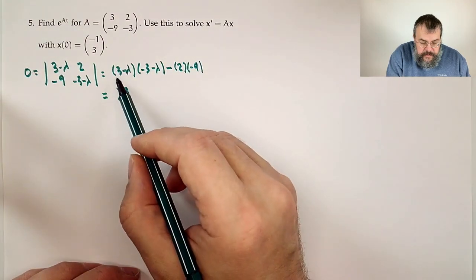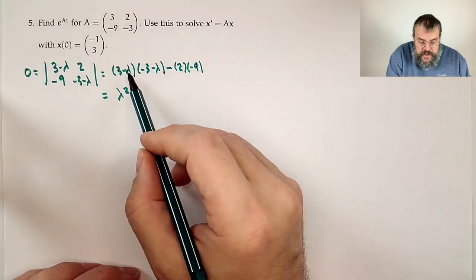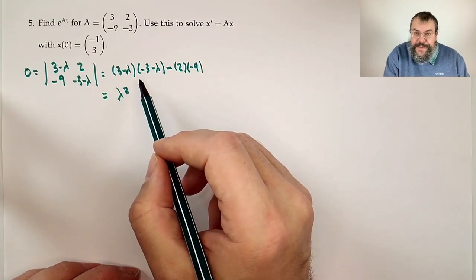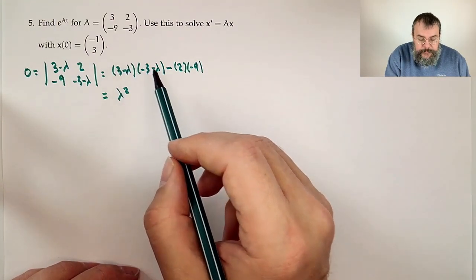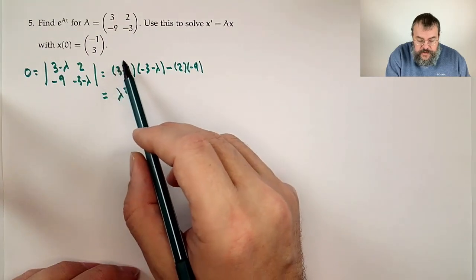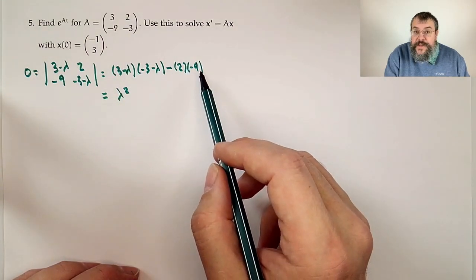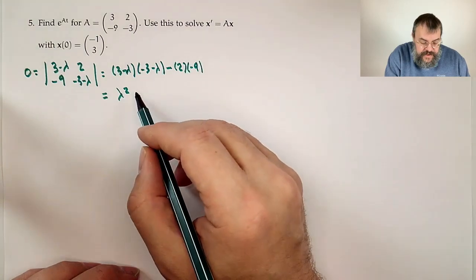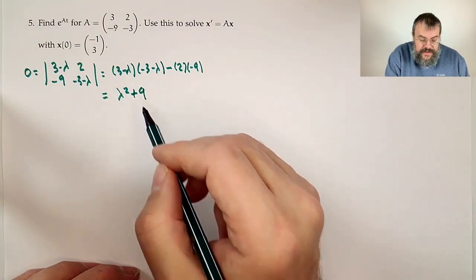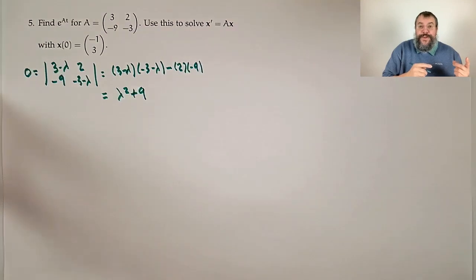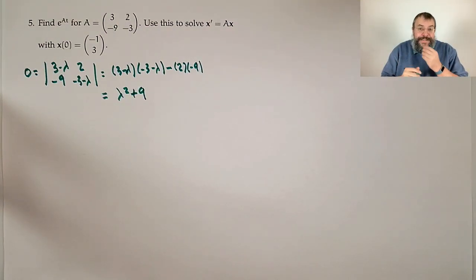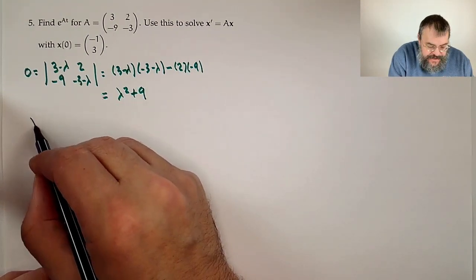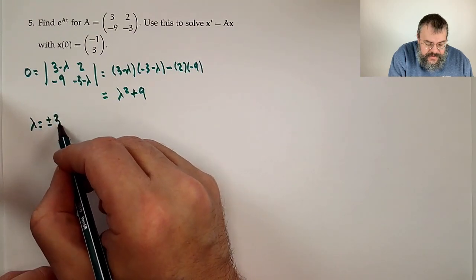And then we'll have a minus 3 lambda plus 3 lambda, so the lambdas cancel. Oh, nice. Minus 9. Right, 3 times minus 3 is minus 9, plus 18. Minus 9 plus 18 makes plus 9. So lambda squared plus 9 equals 0. So what's lambda? It's going to be a little bit complex. Exactly. So lambda is plus or minus 3i.